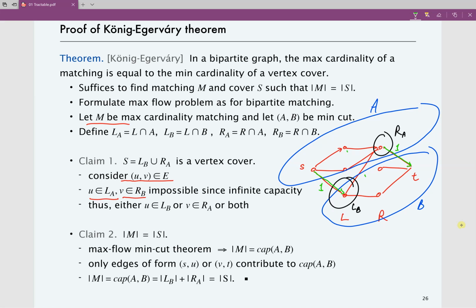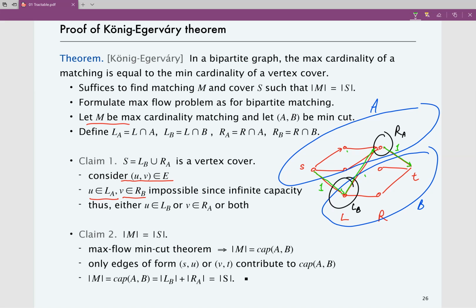And now we know that there are no edges of this form, right? We've already seen that because those would have infinite capacity, which we know doesn't exist. And we could have edges of this form, but this is going from B to A. So when you have an edge from B to A, it doesn't contribute to the capacity of the cut.